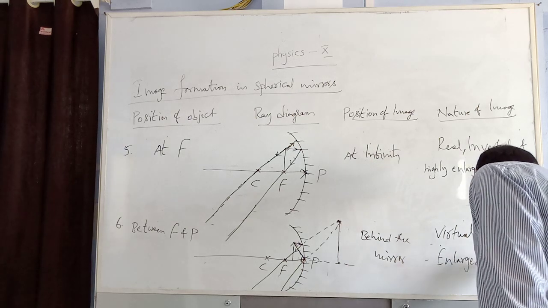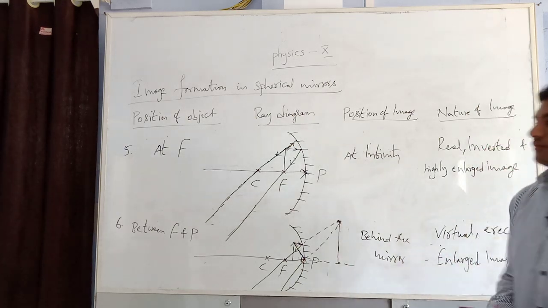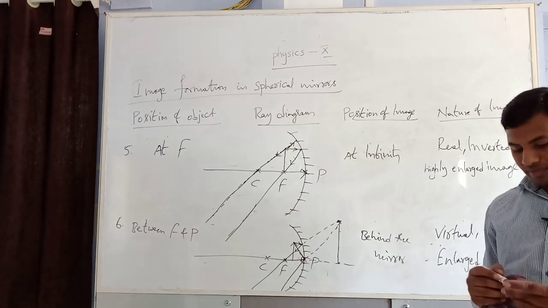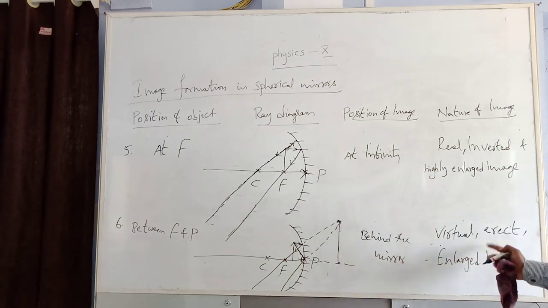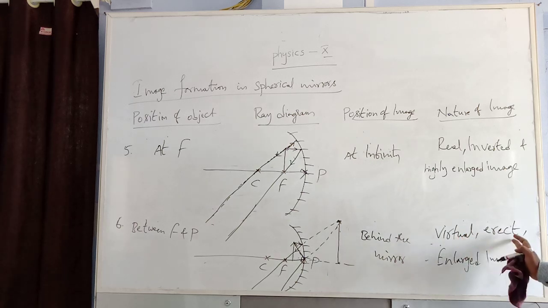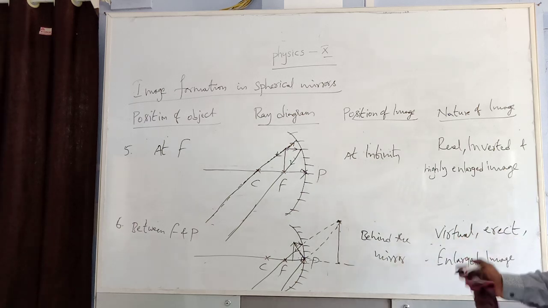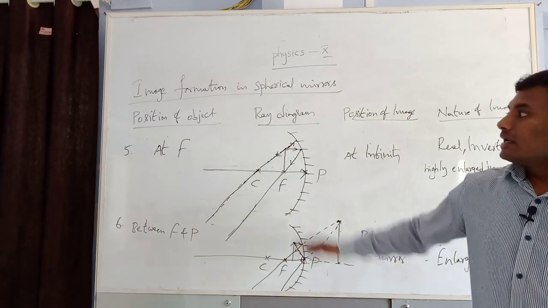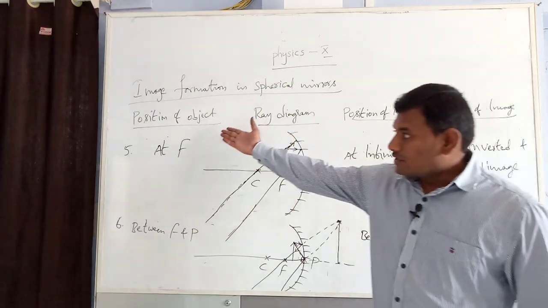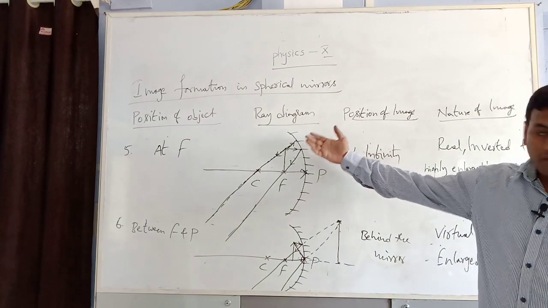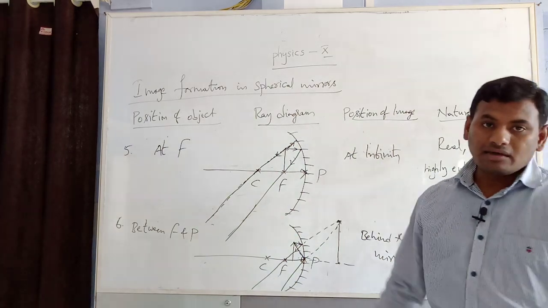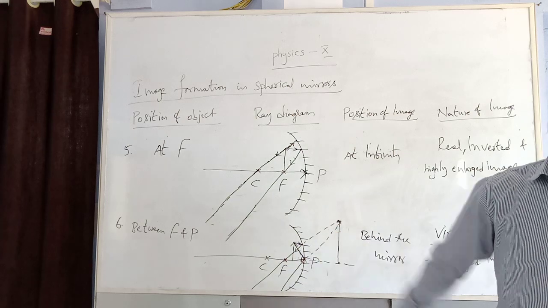So for the position of an object between F and P, this will be the ray diagram, and the position of the image is behind the mirror, and the characteristics of the image are virtual, erect, and enlarged. So these are the ray diagrams for different positions of the object. So we have seen the image formation in spherical mirrors with the help of ray diagrams.